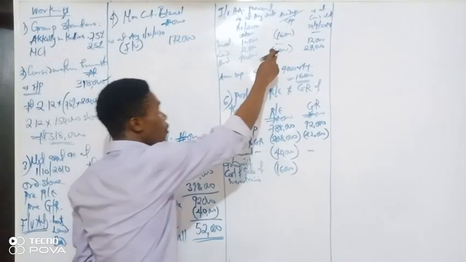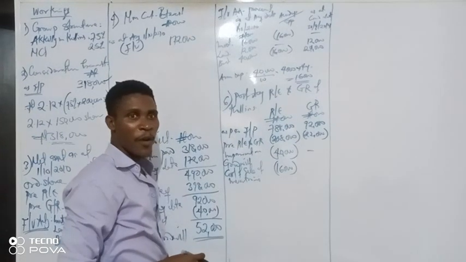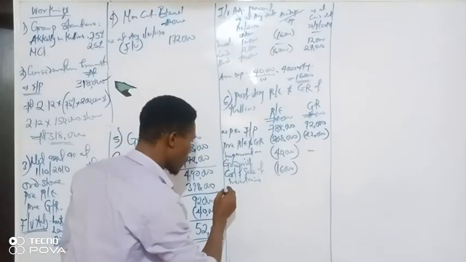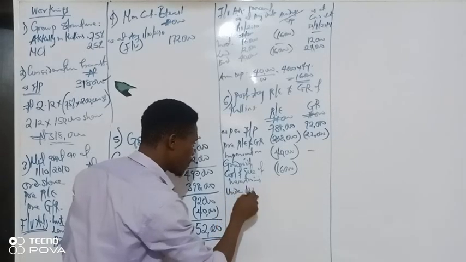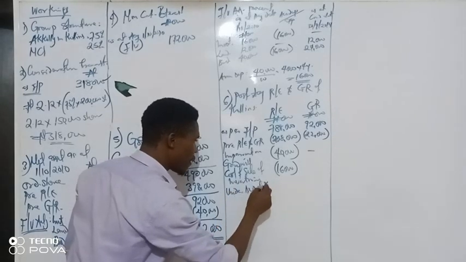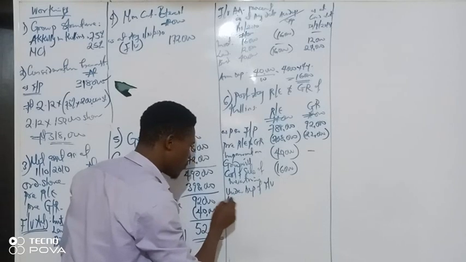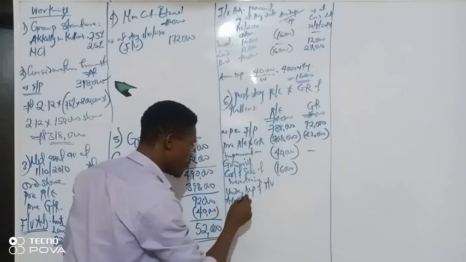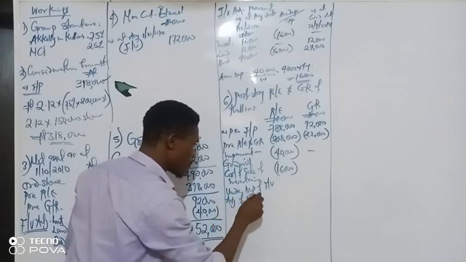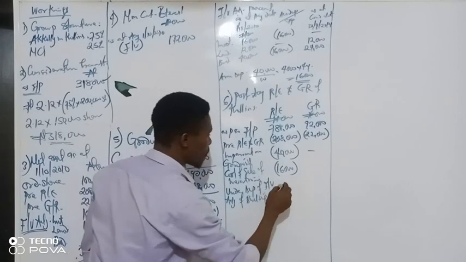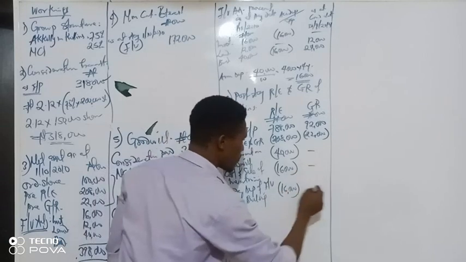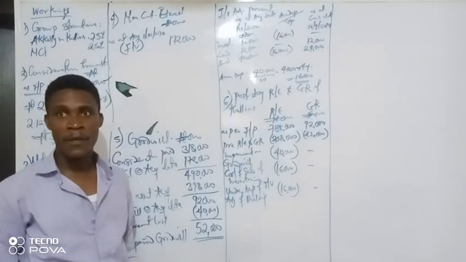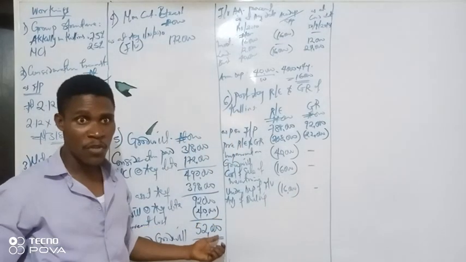Number 2, depreciation of fair value adjustment for building, 16,000.